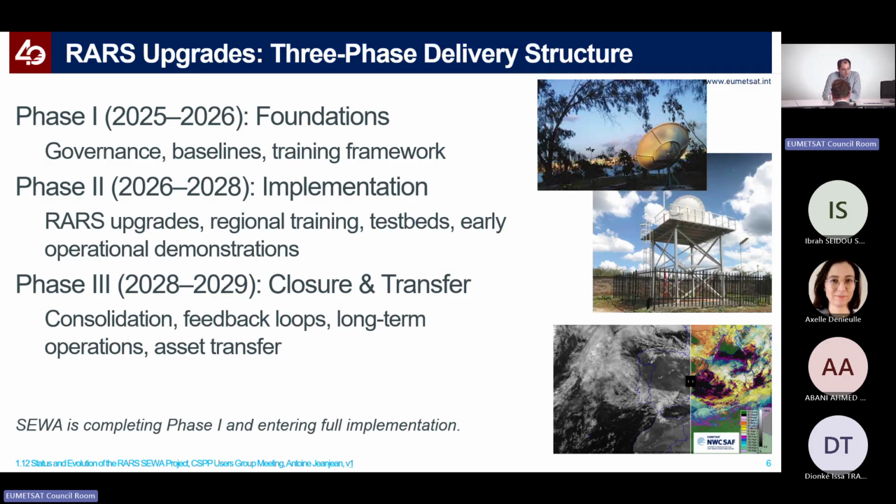The third phase will be to close and transfer, which means consolidating knowledge, feedback loop, long-term operation, and transferring assets in terms of hardware, software, and knowledge to the African station operators.